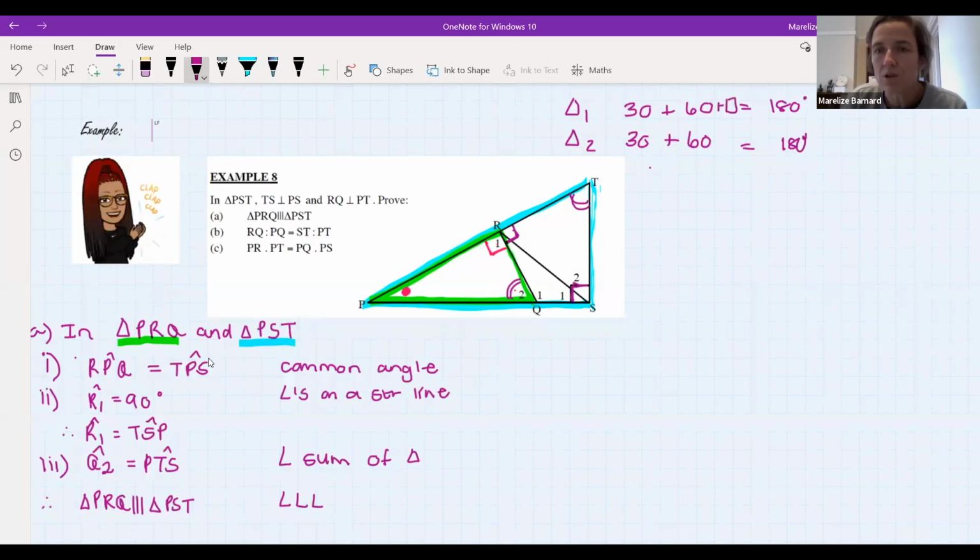So what is this last one going to be? It's going to be 90 and 90. It's going to be the same. So whatever your numbers are, if you can prove that two are the same, then the third one is also most definitely the same, just because they all must add up to 180.